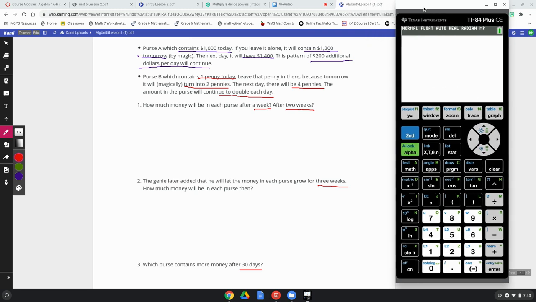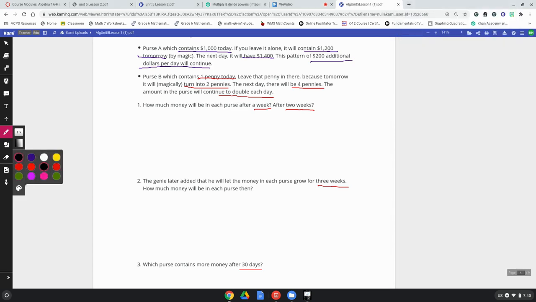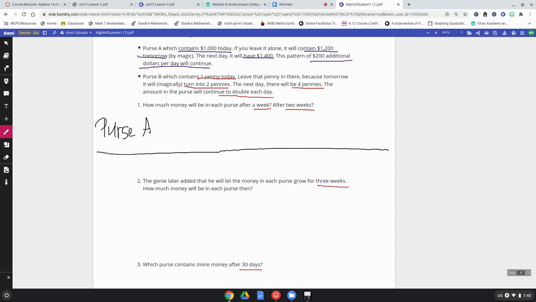All right, let's take a look. My approach, whenever possible, is to find equations and formulas so that I have to do as little as possible.